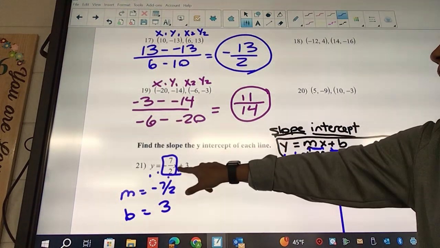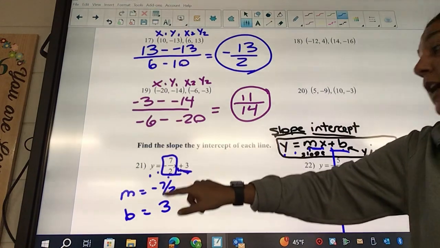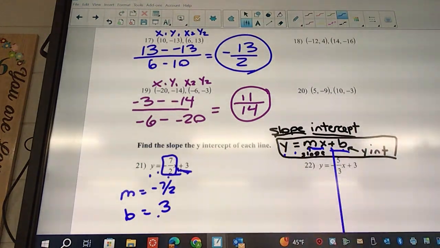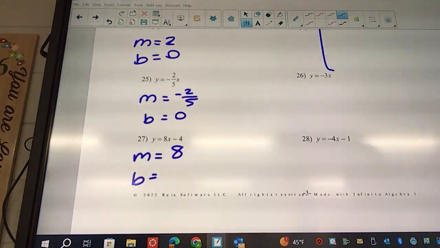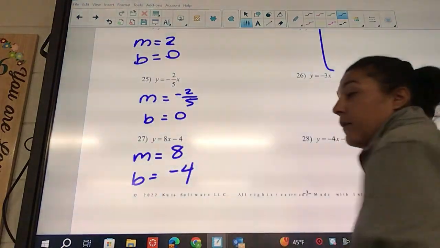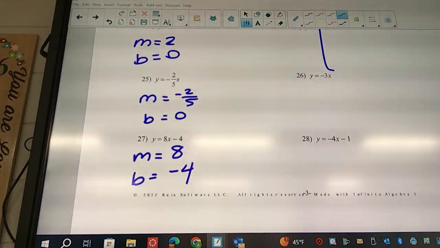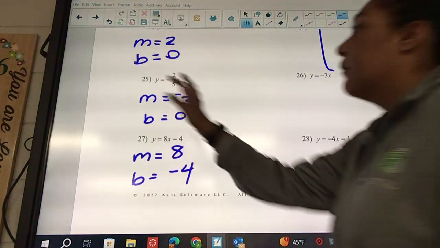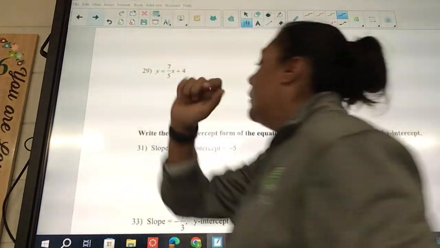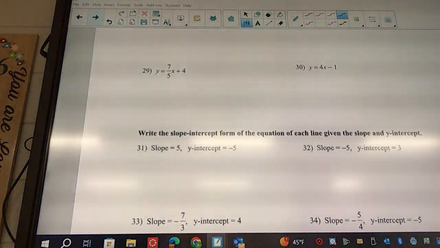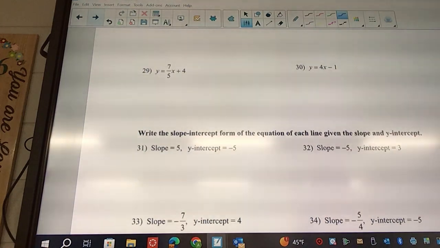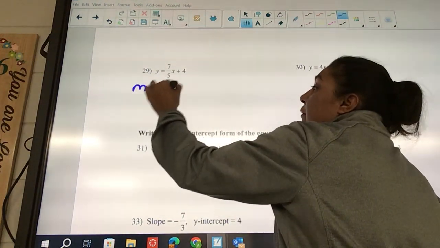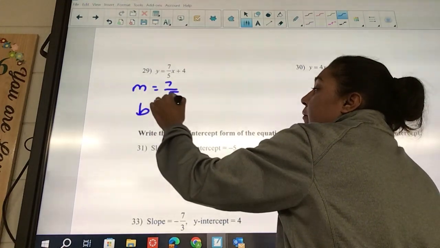We said 3 because it was a +3. If it would be a -3, then this would be a -3. You don't write +3 though. So my b is gonna be -4. The back is a little different, but not really. 29. What is my m? What's my slope? 7/5. What's my b? 4.